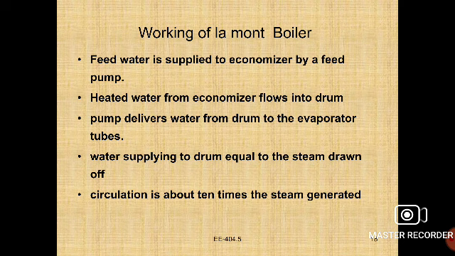The preheated air improves the combustion efficiency. The Lamont boiler is designed to provide 45,000 to 50,000 kg of superheated steam per hour at a steam pressure of 25 bar and a high temperature.